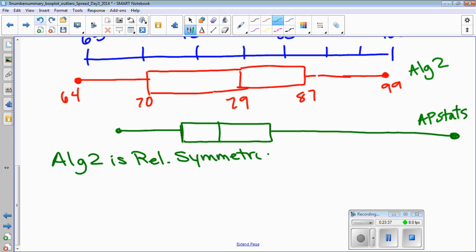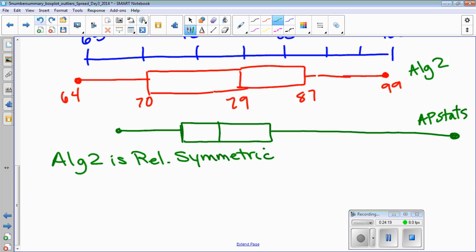What about AP Stats? Slightly skewed right. I would even go as far as saying there are fewer people, and this is hard to wrap your brain around, because the whisker's longer, there are fewer people in this range. So more people scored in the upper 25% in Algebra 2 than AP Stats.